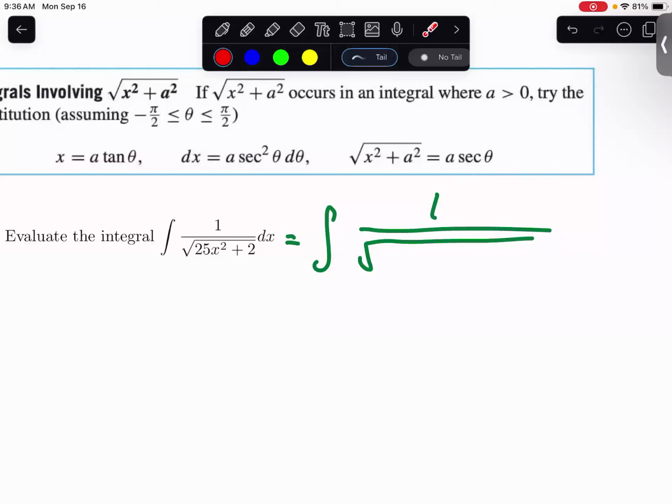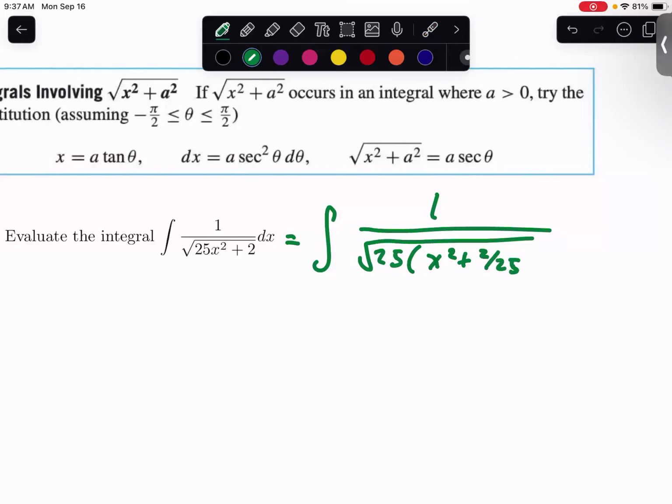Does anyone else have any other ideas about what we do with the 25? Would we factor it out, so we have 25 times x squared plus 2 over 25, all the way out to the front? Yeah. So what I would recommend is you want to factor out the 25. So this is the same thing as 25 multiplied by x squared plus 2 over 25.